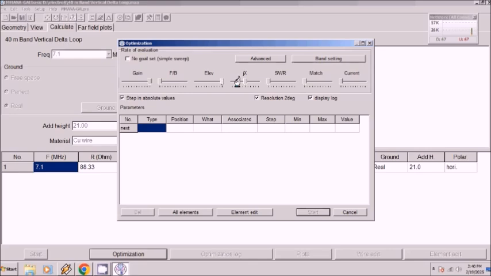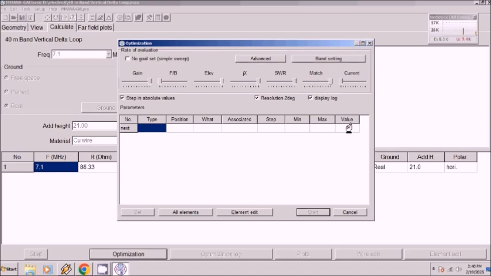And for JX, we are expecting J0, so we slide to the right. And for SWR, we expect lowest SWR, so we slide to the right. For matchness, we expect the best matchness, so we slide to the right.